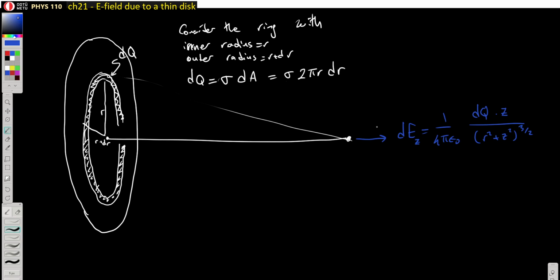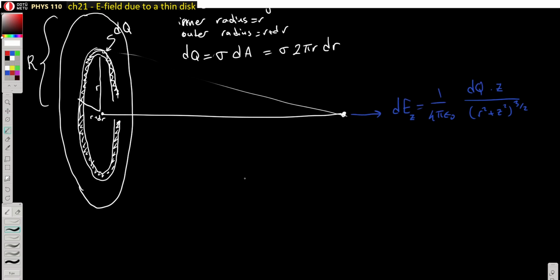Okay, so this dEz is the electric field produced by that ring only, but we would like to consider the effect of all of the possible rings in here, starting from rings with radius 0 up until the rings with radius equal to capital R. And so as a result, I need to compute this.